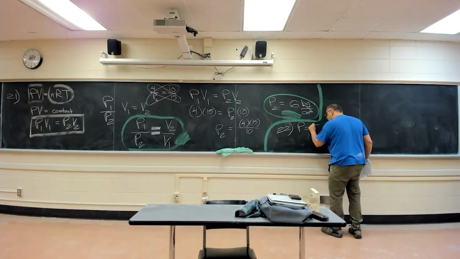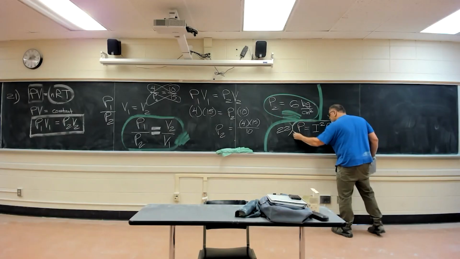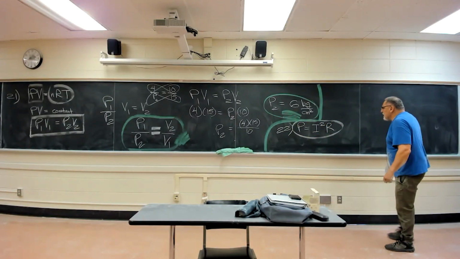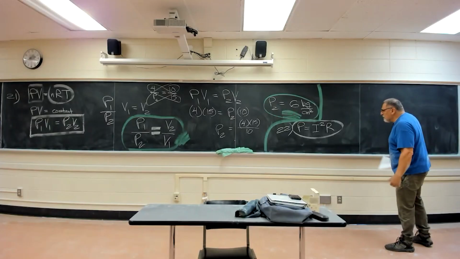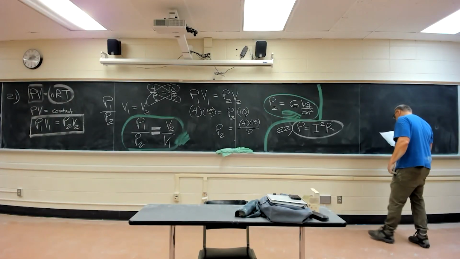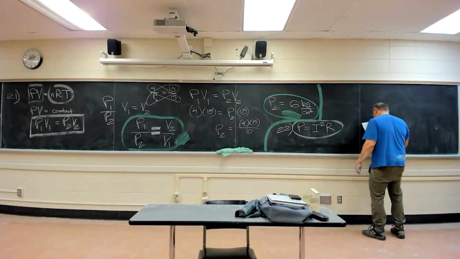P equals I squared times R. And that's where they're playing the game, guys. So a number of ways you could play it. If P is 180 watts, when this is so, let me just try to figure out what they're doing. Yeah, okay, it makes sense.